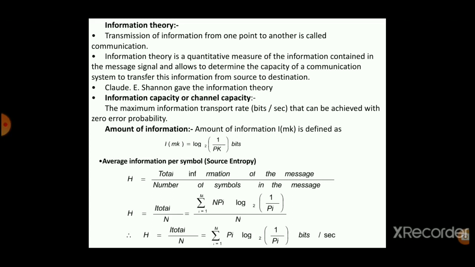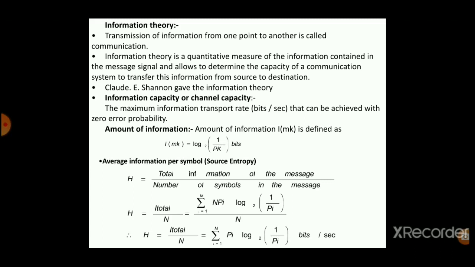Information theory. Transmission of information from one point to another is called communication. Information theory is a quantitative measure of the information contained in the message signal and allows us to determine the capacity of a communication system to transfer this information from source to destination.